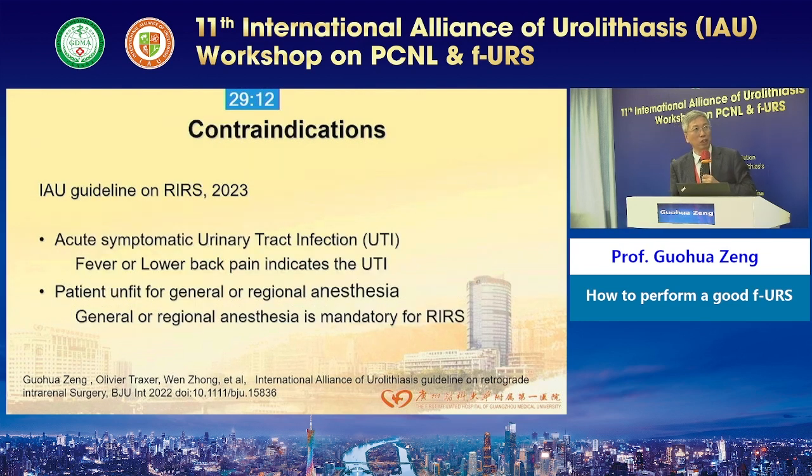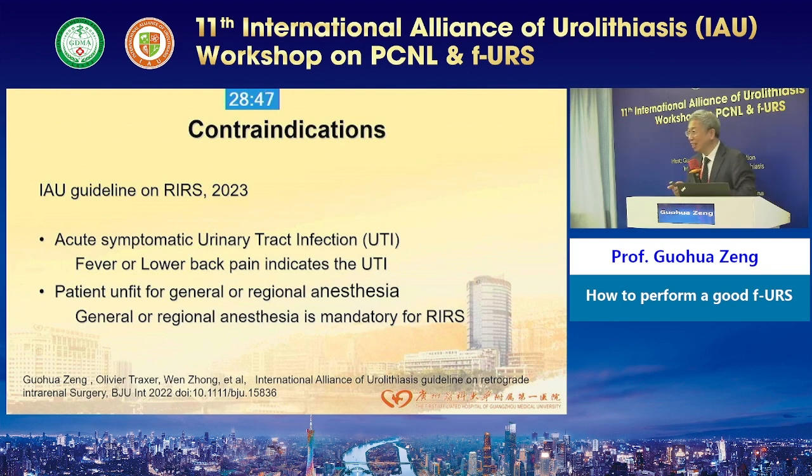What about the contraindications? According to the EAU guidelines on flexible RIRS, acute infection you cannot do. Sometimes the patient has fever, pain, maybe with infection. You must be careful. And if the patient cannot have general or regional anesthesia, you cannot do it.